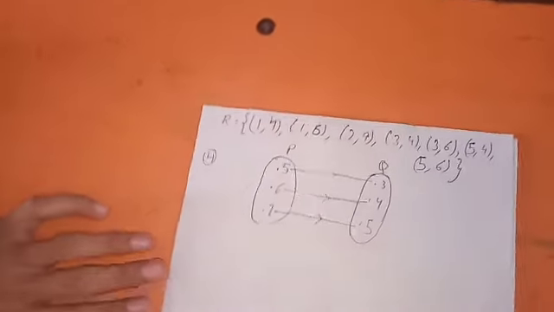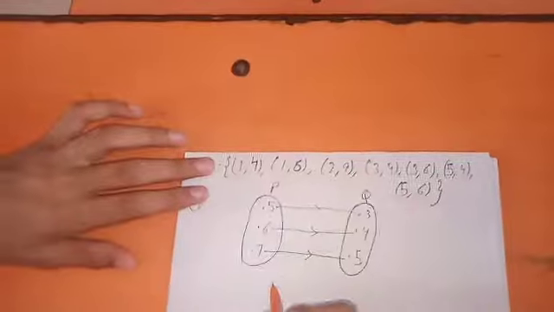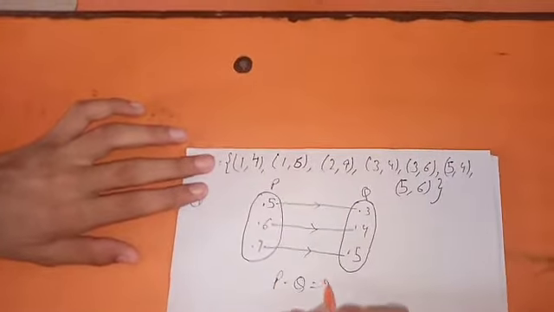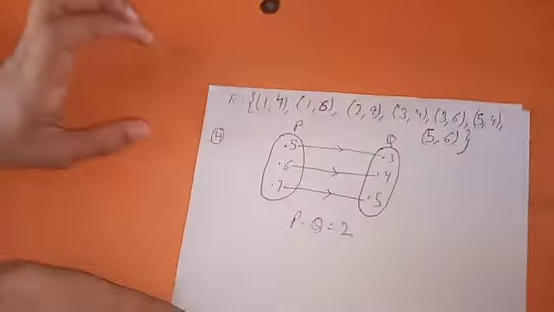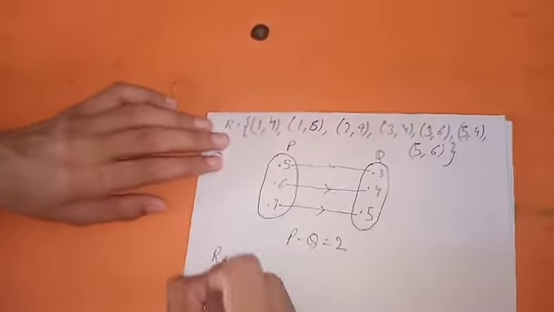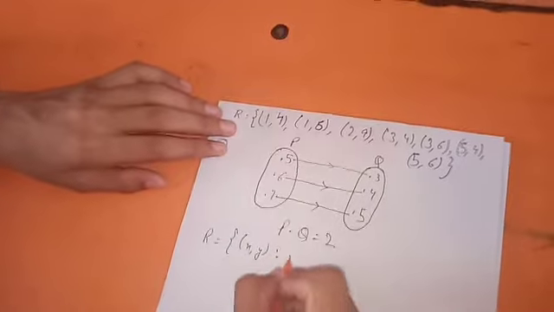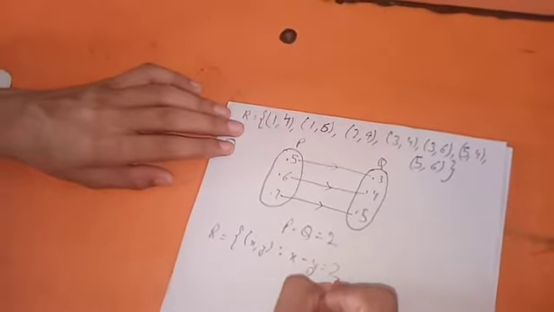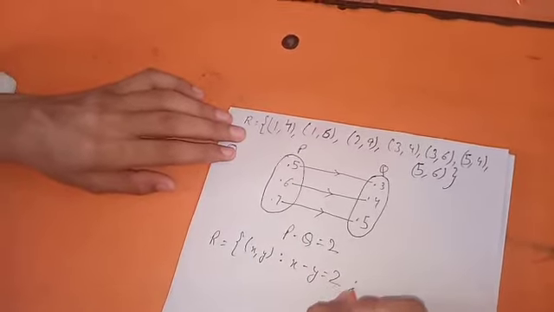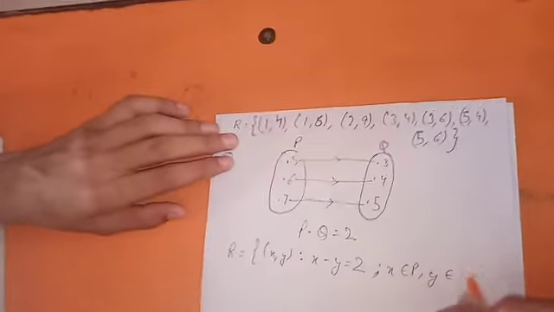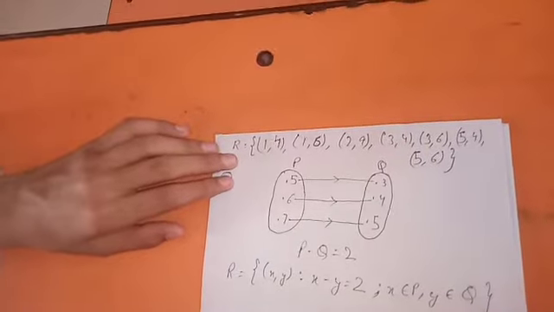Now how can you form this? This we can form as P minus Q is equal to 2. So what will be our relation? Our relation will be R, (x, y), such that x minus y is equal to 2, where x belongs to P and y belongs to Q. It is the relation.